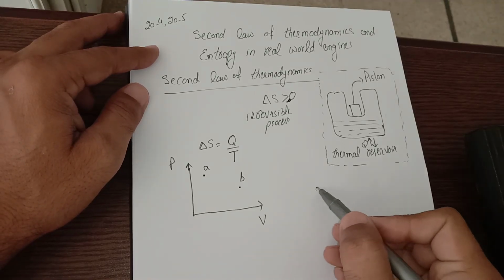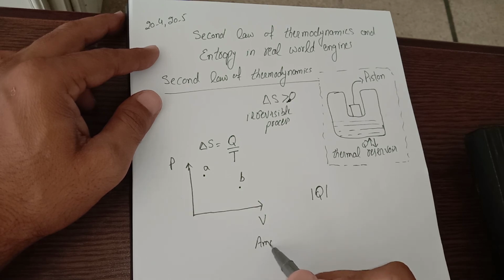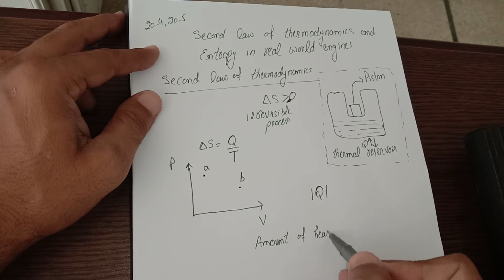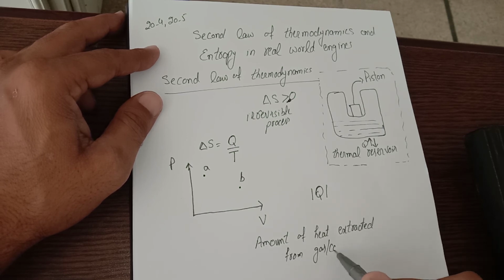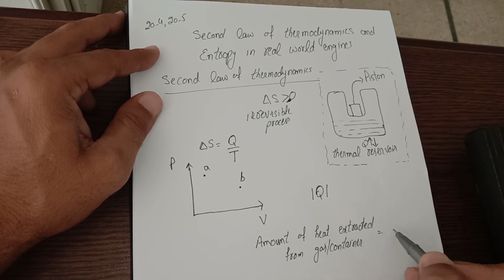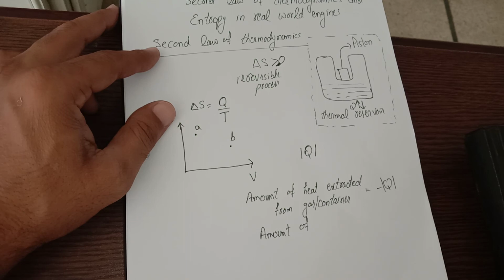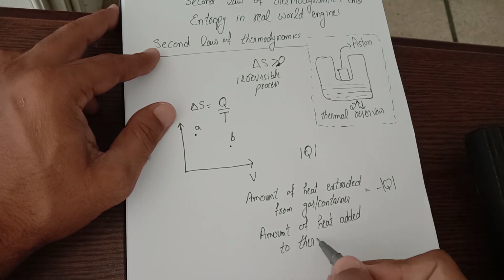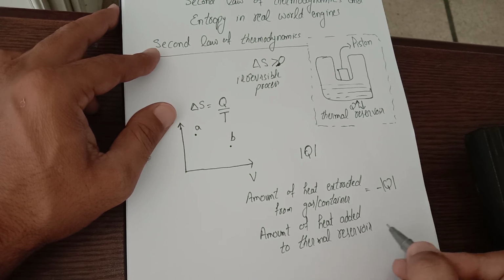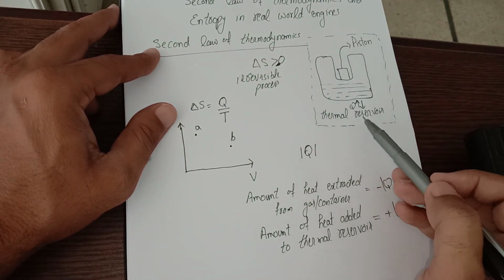Now, if I write down the amount of heat, its magnitude to be absolute as Q, then the amount of heat extracted from gas or container should be minus Q, as it is extracted from this container, and amount of heat added to thermal reservoir would be plus Q, as the heat extracted from this gas container is added to this thermal reservoir.